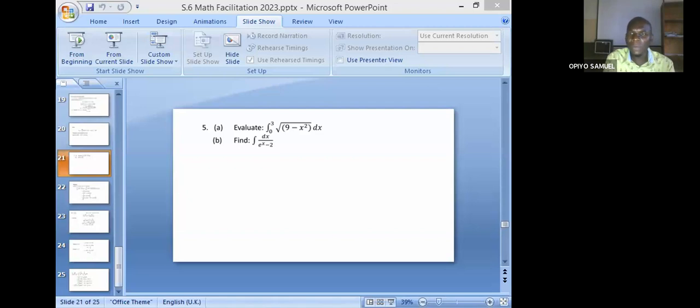So one of the ways by which we can change this into a simpler form is to let 9 minus x squared be equivalent to some constant, let me call it a squared, times 1 minus sine squared theta.